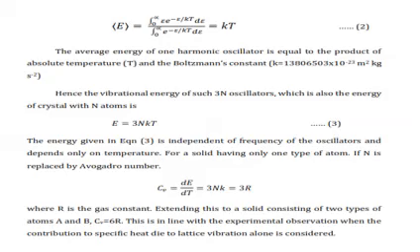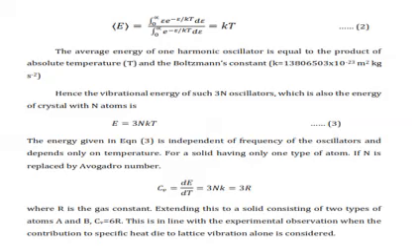Then we find the specific heat at constant volume, Cv. Differentiation of energy with respect to temperature gives the specific heat capacity at constant volume. Therefore, the formula is Cv is equal to dE by dT. E is equal to 3nkT.